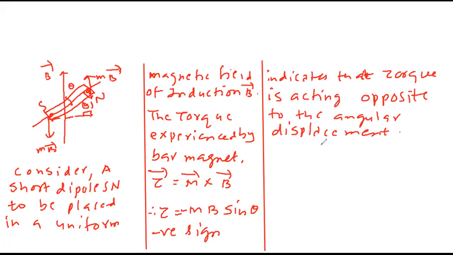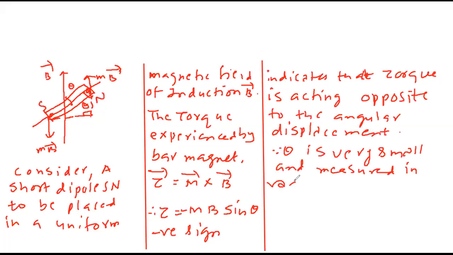Since theta is very small and measured in radians, sine theta is approximately theta.